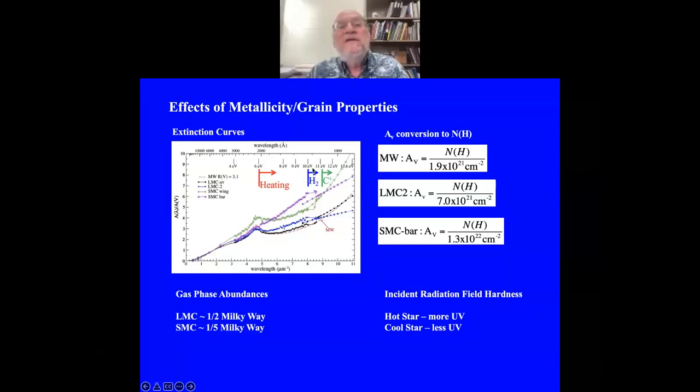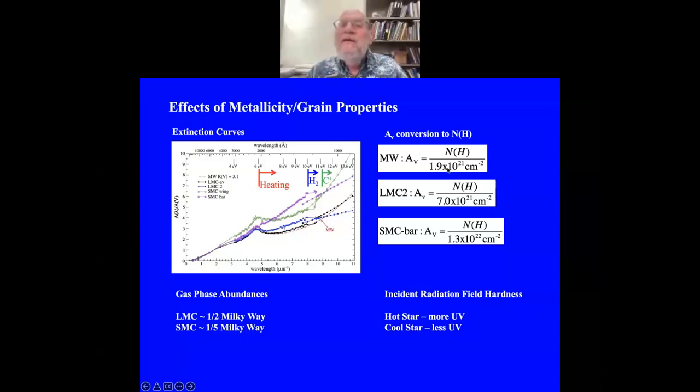H2 dissociation occurs at 10 eV and higher, and carbon photoionization is at about 11.2 eV or higher. So these extinction curves really change where these processes occur. It changes how far the UV photons can penetrate into the cloud. So a high extinction curve tends to collapse the layers of the PDR.